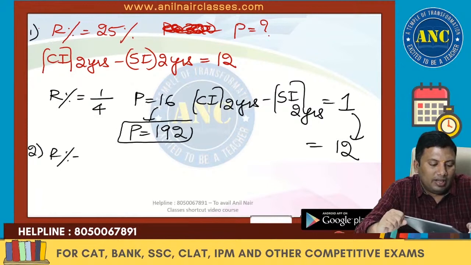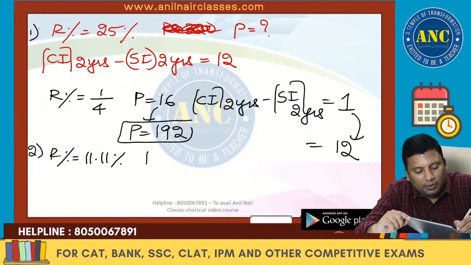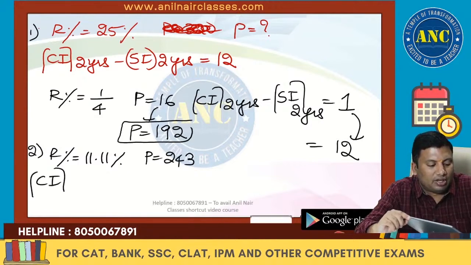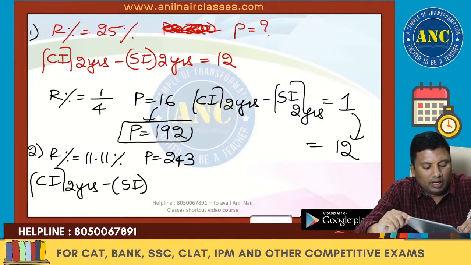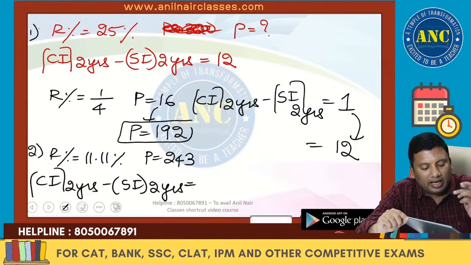Second problem, if R is 11.11 percent and principal is 243, CI for 2 years minus SI for 2 years. Once you understand, it's a simple cakewalk, sir.